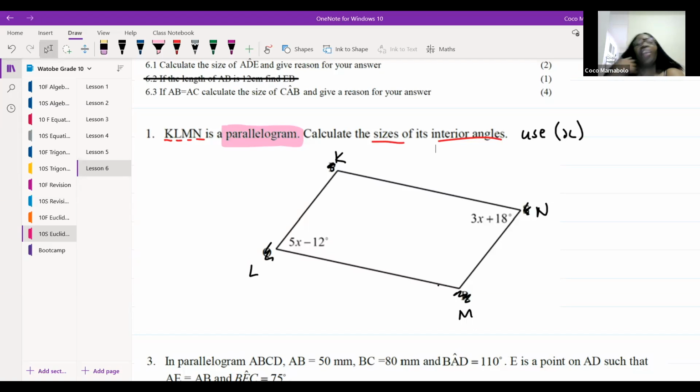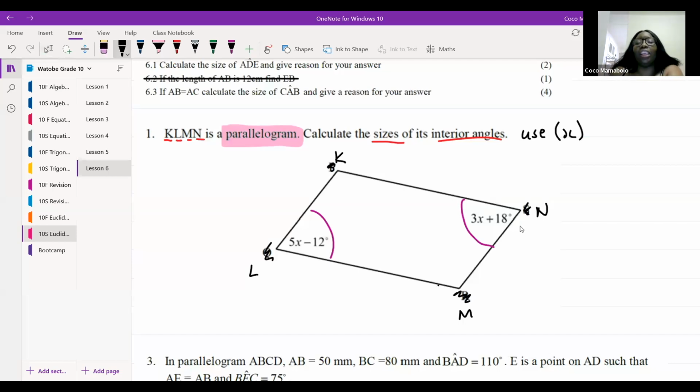All right, let's have a look at our answers here quickly. What do we know about these two angles? Because we know that this is a parallelogram, what do we know about the opposite angles? They are equal. That's it, Tiana. I thought you were sleeping, but I see you're wide awake.